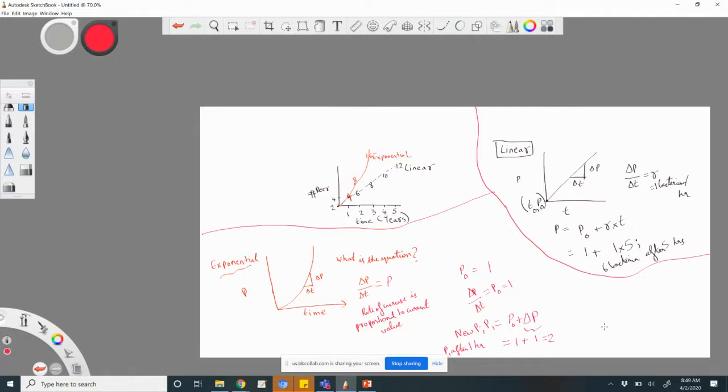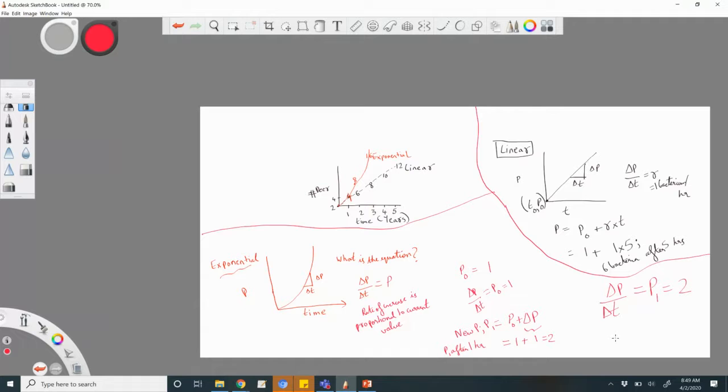So your population p1 after 1 hour is 2. And in the same way, after 2 hours, your delta p over delta t is your p1, that is 2.